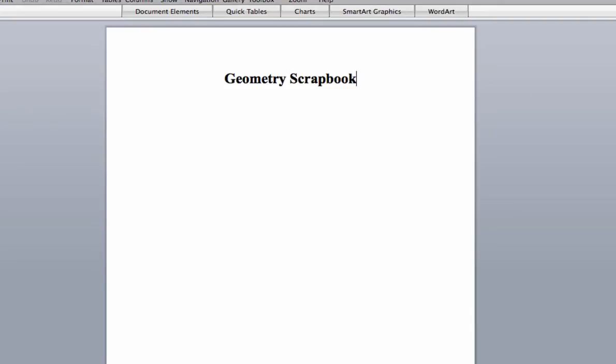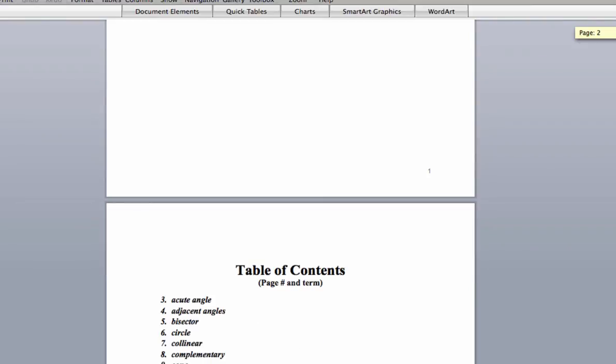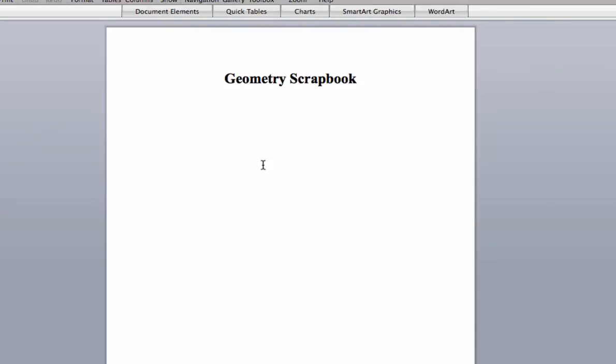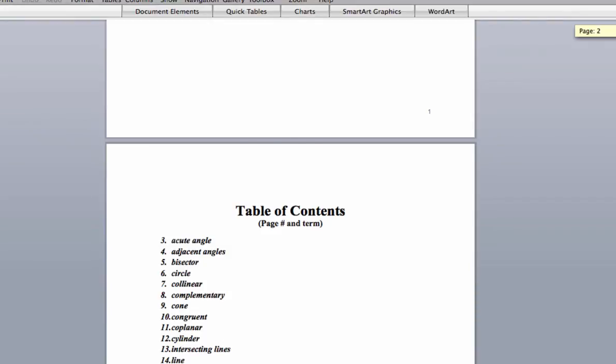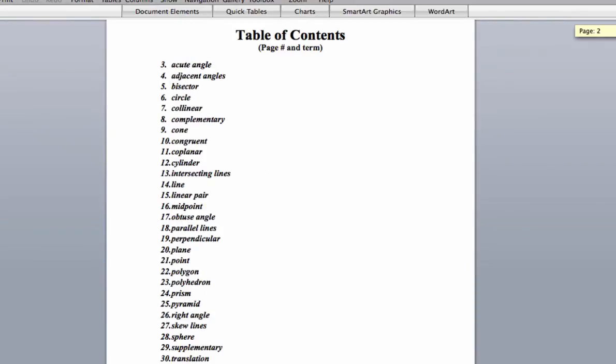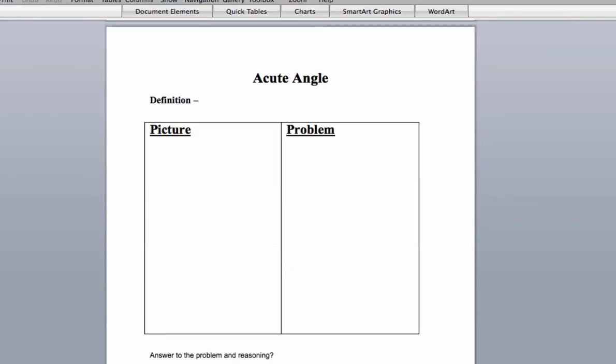So make this title page your own, to do with whatever your theme is going to be. You've got a table of contents already going, so as long as you keep it at one per page, then you can just follow straight along and have no problems. These are the 30 words that you're going to be using, and then you've got a page for each one of the terms.